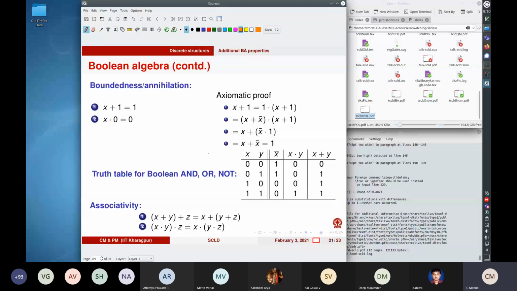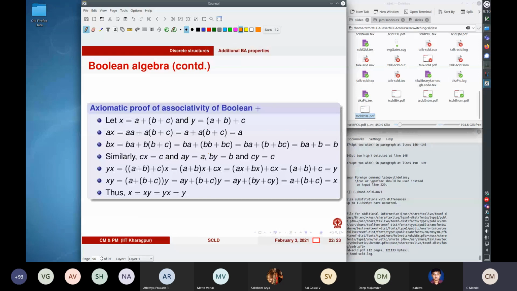Then you have the associativity properties, which can also be proven using Huntington's postulates. These are some steps which you can just follow to establish the proofs. You can go through these yourself. We essentially want to prove that these two expressions are identical.